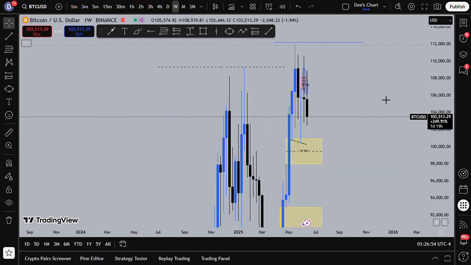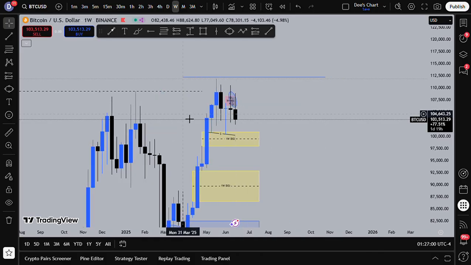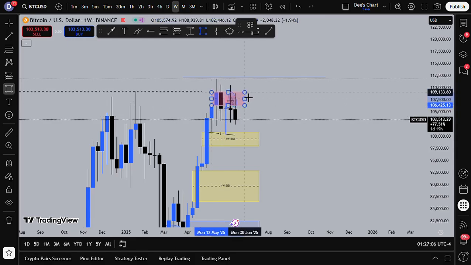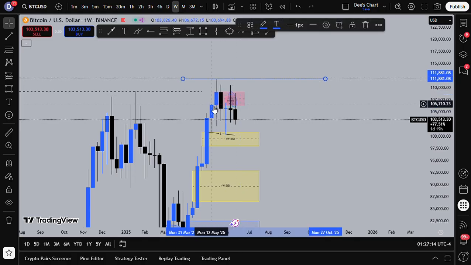I just want to go higher to make sure that we didn't miss anything. Also, I want you to pay attention. I forgot to tell you that we also created a valid order block on the weekly time frame up here. A valid order block, or institutional candle, is at a swing high, and it is engulfed by a bearish candle.